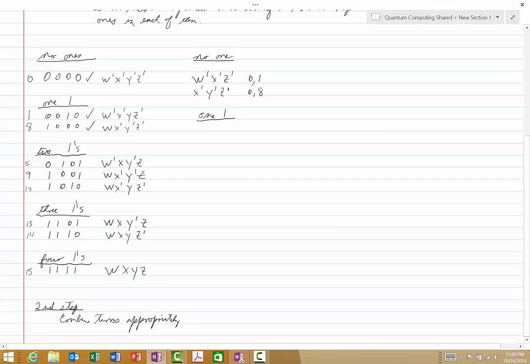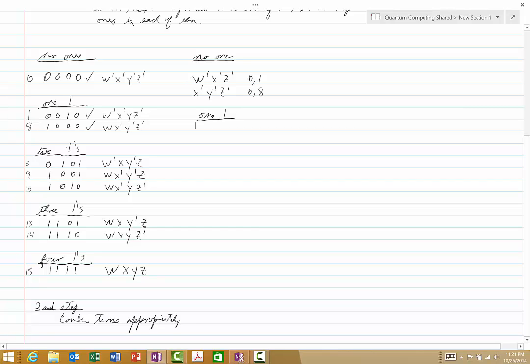And secondly, even if the one above is smaller than the one below, if their difference is not a power of 2, then they will not combine. So let me show you how that will go. So for instance, 1 with 5. Now, 1 is certainly not larger than 5, so we don't rule out that possibility on that basis. And the difference between 1 and 5 is 4, which is a power of 2.